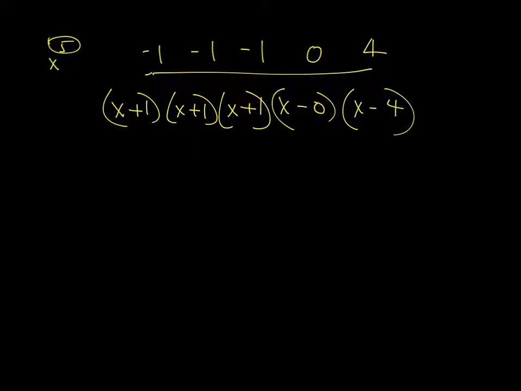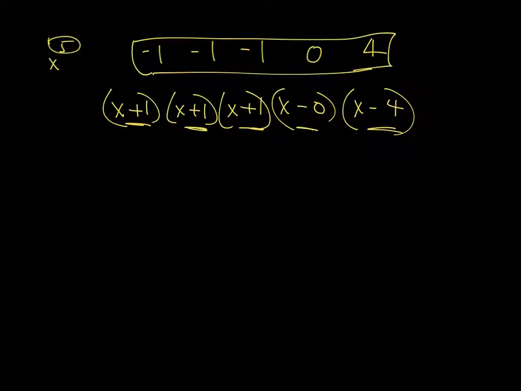Okay, so it's always going to be the opposite. The numbers that go in here will be the opposite of the answers. Well, except 0, but it doesn't really matter there. Now I just go ahead and multiply all this through.